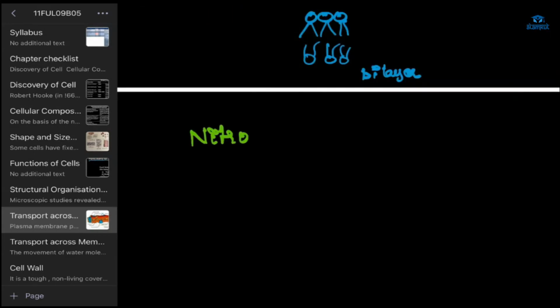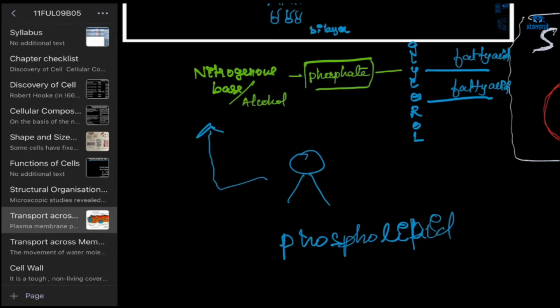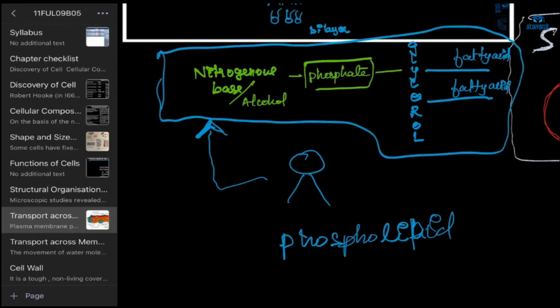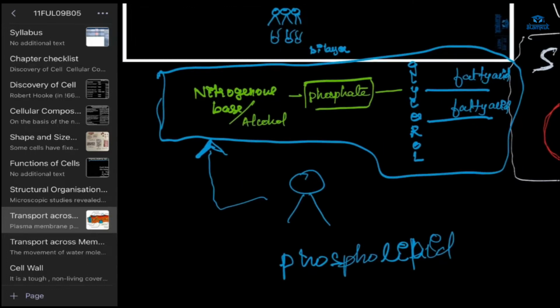I'll tell you. This is the nitrogenous base or alcohol, phosphate. This is phospholipid and it has all this stuff. This is the composition of phospholipid. This is phosphate, then it is attached to the nitrogenous base or alcohol. Nitrogenous bases are adenine, cytosine, guanine.